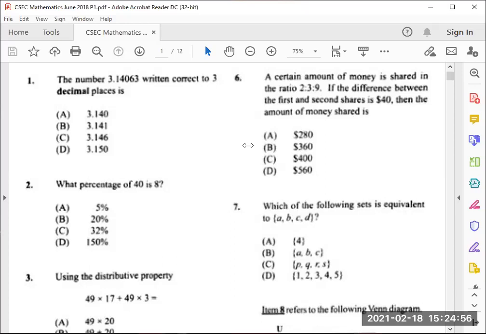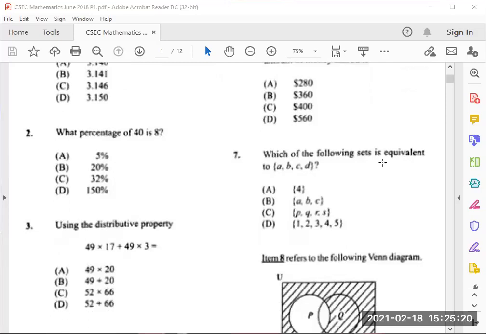What you do, you add the 2, the 3, and the 9, and you get 14. Then you multiply the 14 by 40, and your answer should be D as in dog. So number 6 answer is D.